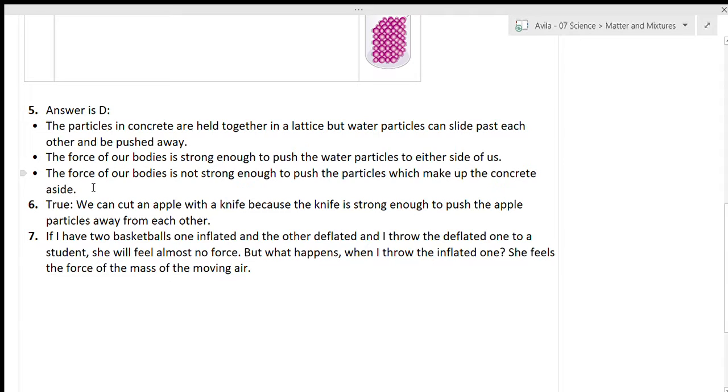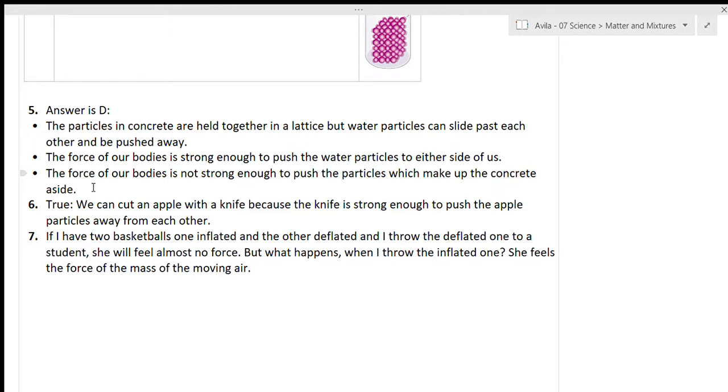For question 6, it says, true or false, we can cut an apple in half because the knife is strong enough to push the apple particles away from each other. So the answer is true, in a similar way to what I just explained. We can cut an apple with a knife because the knife is strong enough that it can push the particles of the apple away.